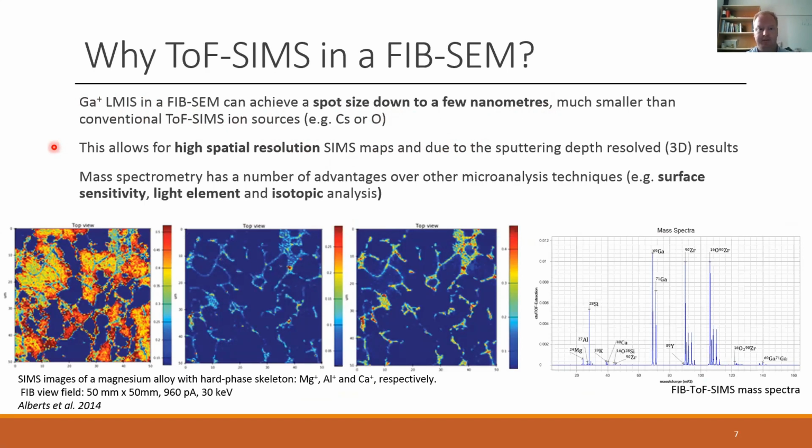And I'll show you a little bit why, because the interaction volume or the information volume is very similar to the size of the probe, whereas in comparison to electrons, it's not. SIMS also has a number of other advantages, including surface sensitivity, light element analysis, and isotopic analysis. And from that, we can generate the SIMS maps, as you can see here on the left, or we can look at mass spectra.